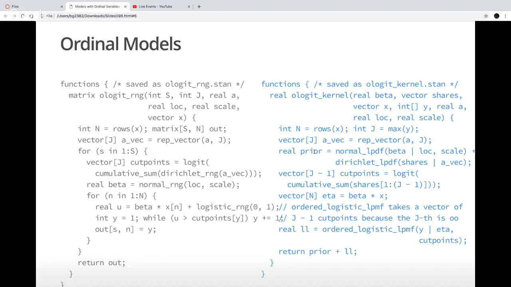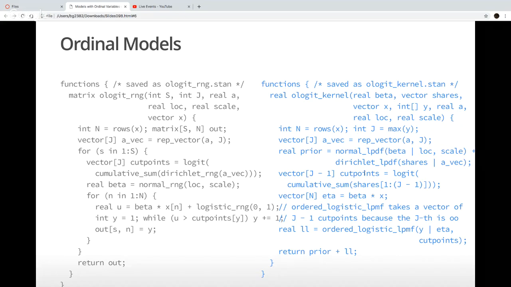So our prior kernel is going to be the sum of a normal log PDF for the coefficient, given our prior location and scale, plus the logarithm of the Dirichlet PDF for these proportions or shares, given our vector of shape hyperparameters.